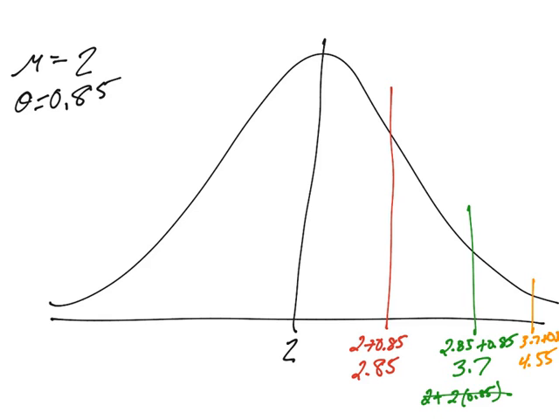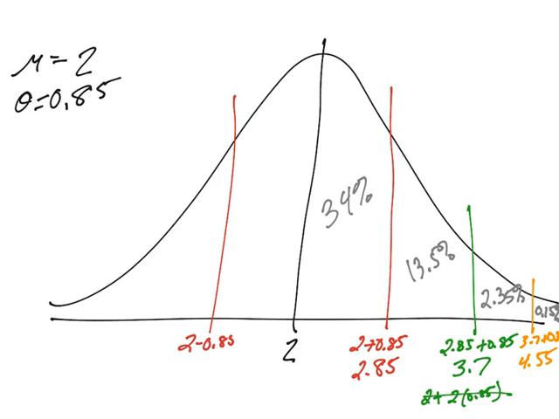4.55. From before, we know our percents, 34, 13.5, 2.35%, and 0.15%. Those percentages are constant. For the empirical rule, they're always going to be that. Okay, now going to the left, we take our mean and we subtract our standard deviation. So that gives me 1.15.